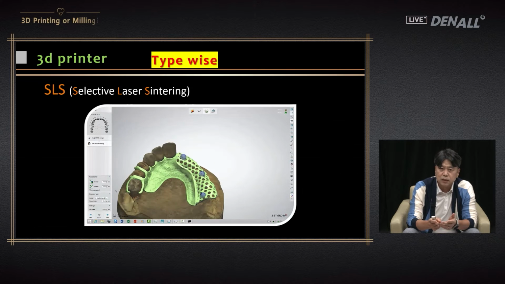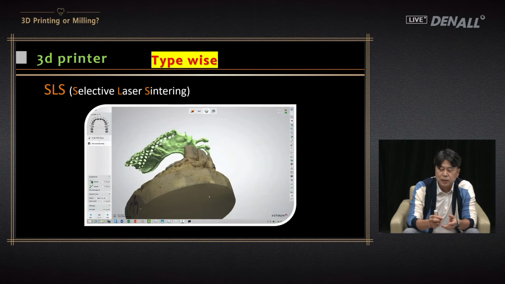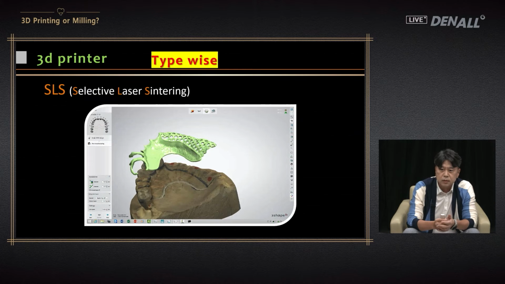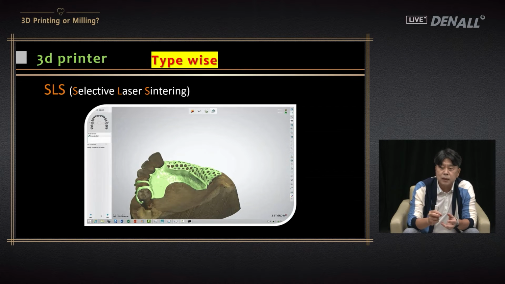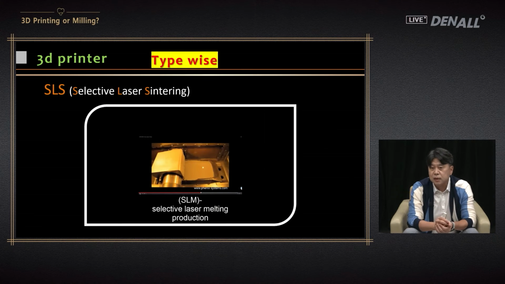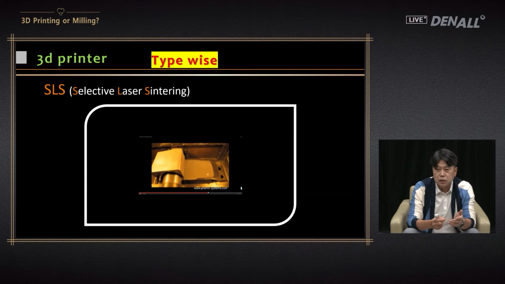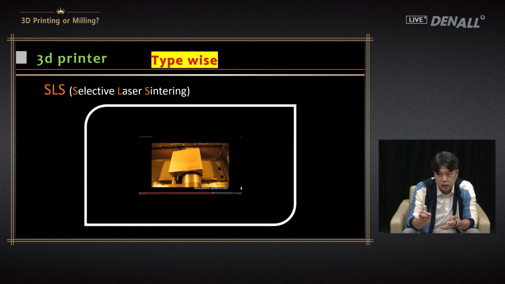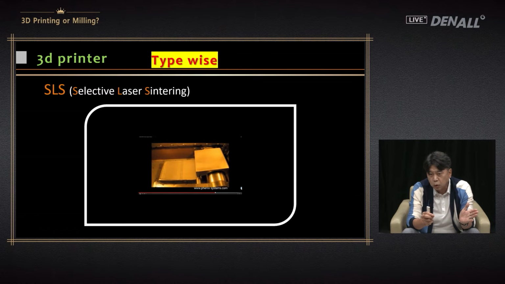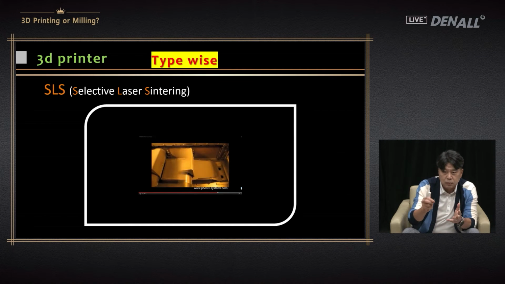And the other one is the metal printing SLS type. This is the RPD designing module by 3Shape. You don't need to use the investment technique like in the past. Laser passes through the cobalt chrome powder. It is melted and it is hardened. As the roller passes through, a layer is deposited.